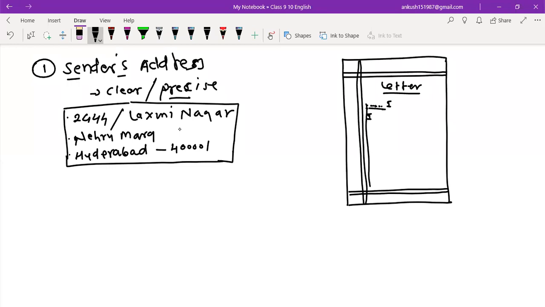This indent, the space that you leave most of the times, is not acceptable now. In modern English, while writing a letter, you should write everything nearby the margin only. Even if this paragraph is ending over here, you should not leave this much space in the next line. You should start that paragraph from the beginning of the line only.